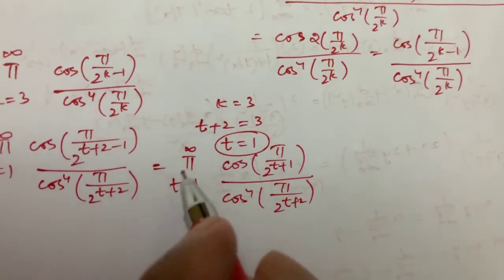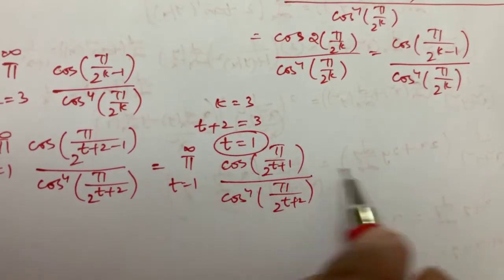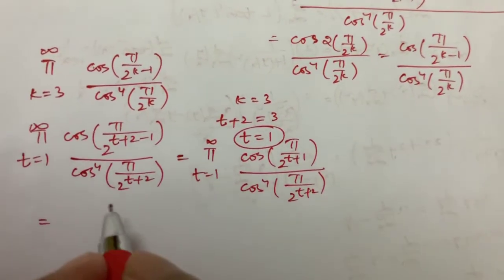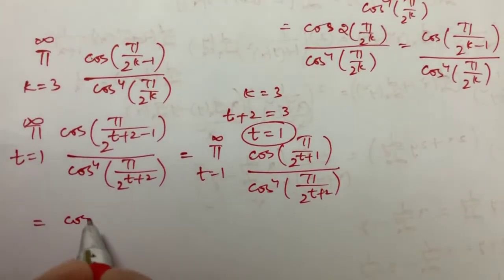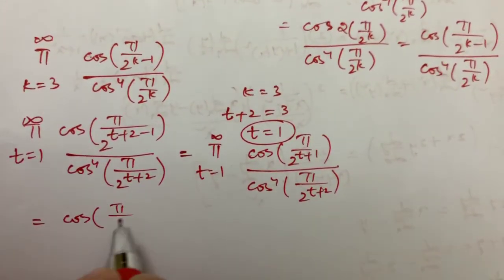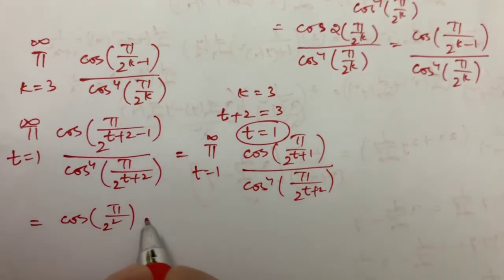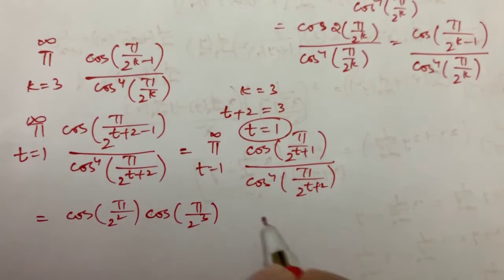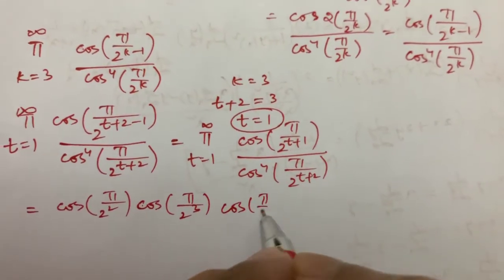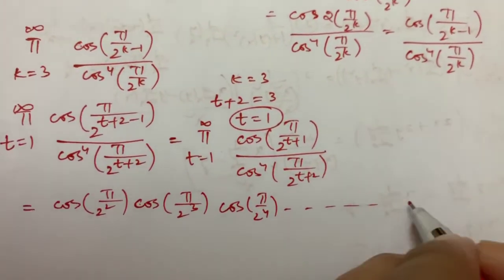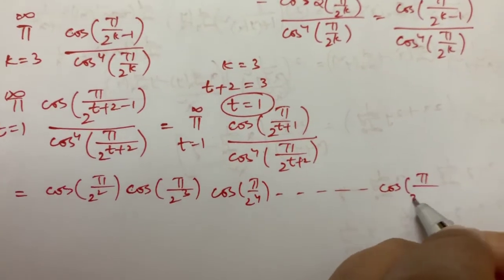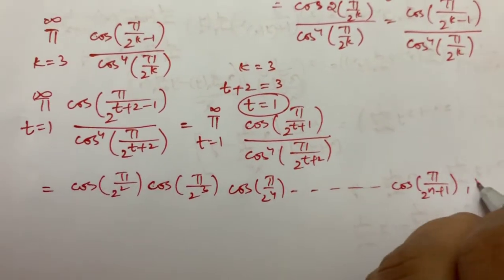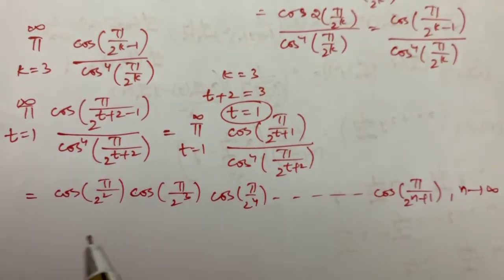So now the product is nothing but the product of all these terms, right? If I put t equal to 1, I will get cos(π/2²). If I put t equal to 2, π/2³, t equal to 3, π/2⁴, and so on, cos(π/2^(n+1)), with n tending to infinity. This is only the numerator.